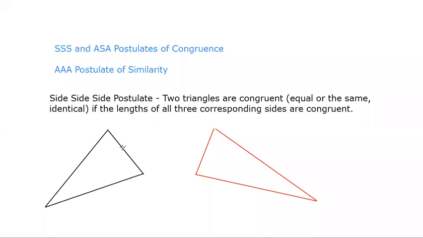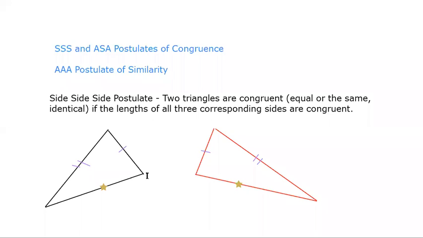So if we're given some marking, this side and this side, that means those are congruent. And then let's look at the longer side of that. Let's say those are marked as being congruent by 2 hash marks. And then maybe on the other side, we're given this symbol that says, hey, those are congruent.